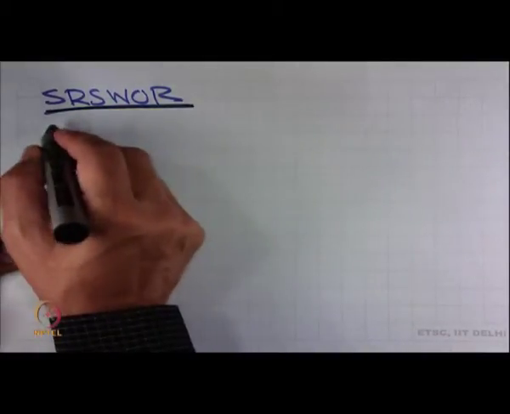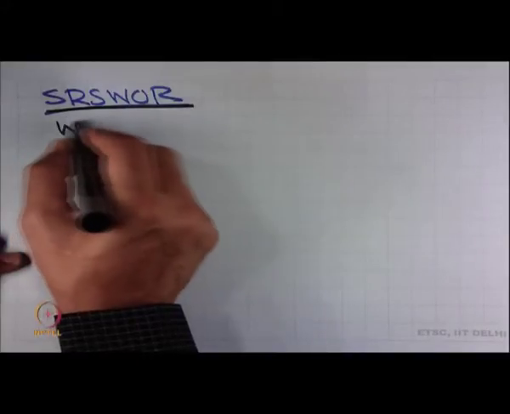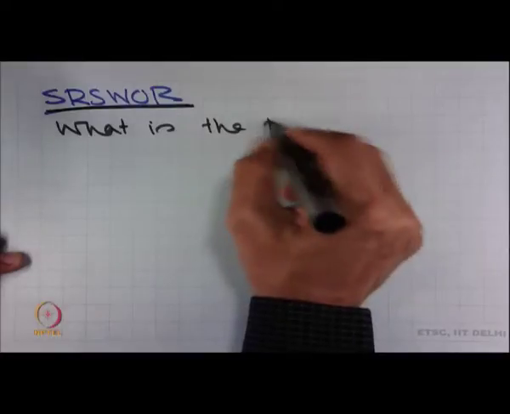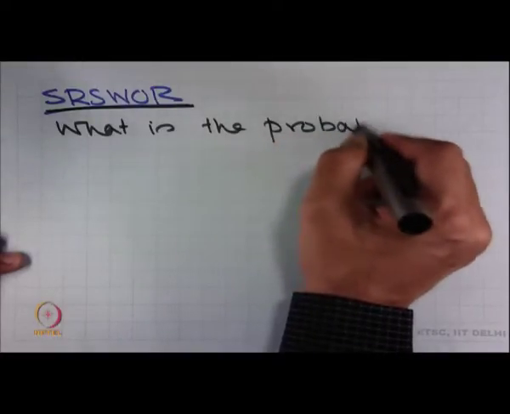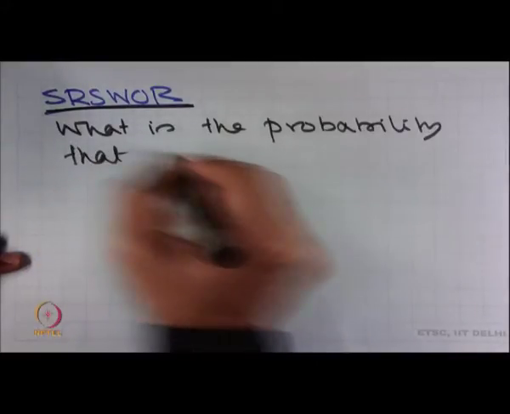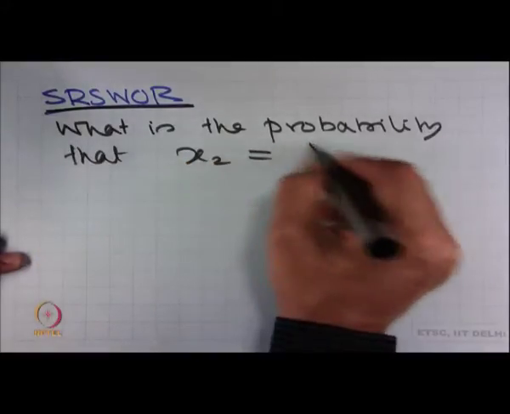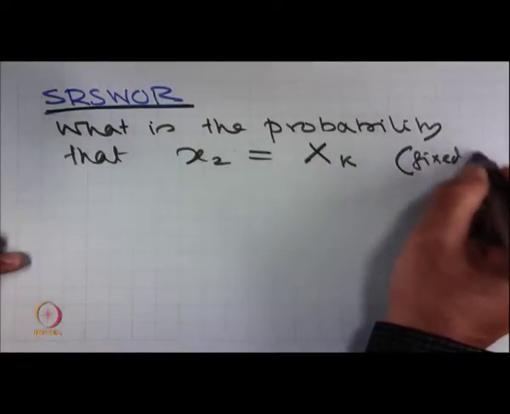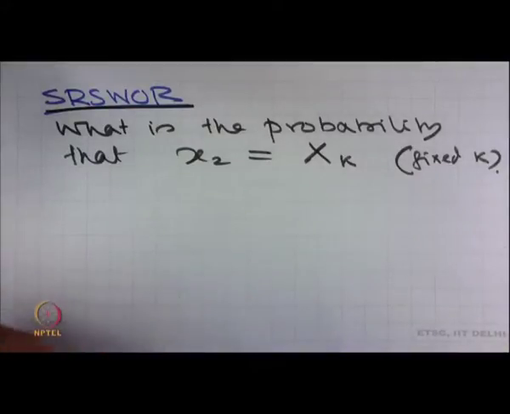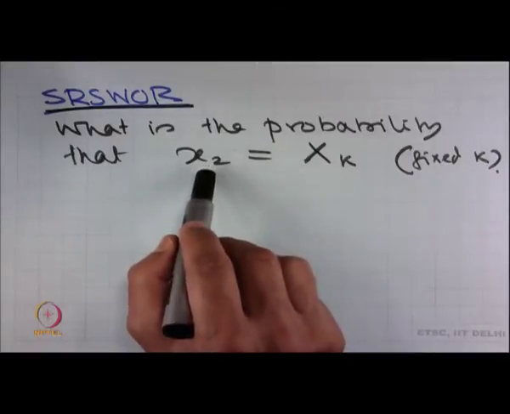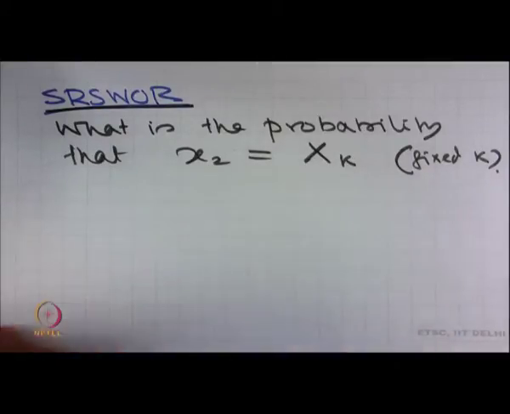Let us look at the probability that X2 is equal to xk, for a fixed k. Say, what is the probability that the second unit taken as a sample is actually the kth member of the population?